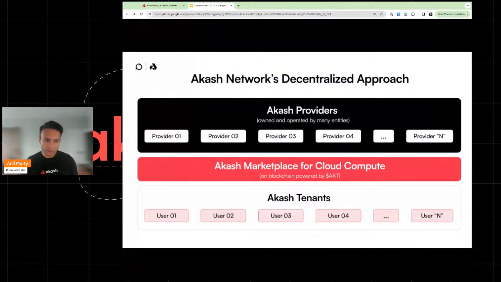What is interesting though is that the GPU market dynamics have actually accelerated the need for something like this.